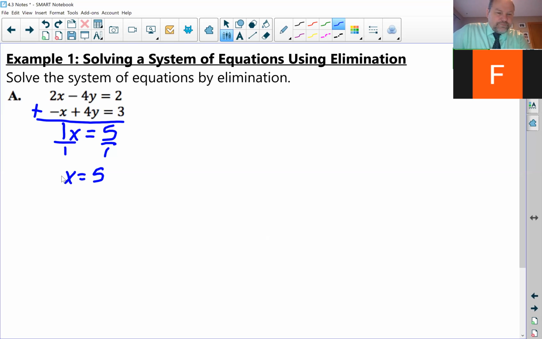The next step is taking that value of 5 and plugging into one of our 2 original equations. It doesn't matter which one you choose. I'll choose the second one because it has that positive 4y. That's the only reason I'm choosing it. So we get the opposite of whatever x is, plus 4y equals 3.